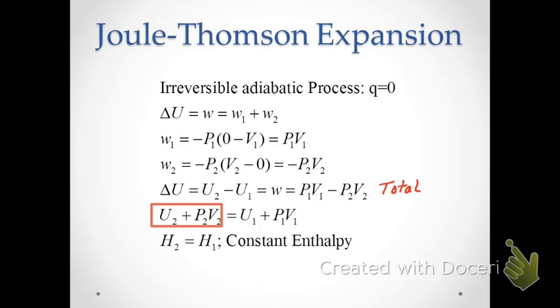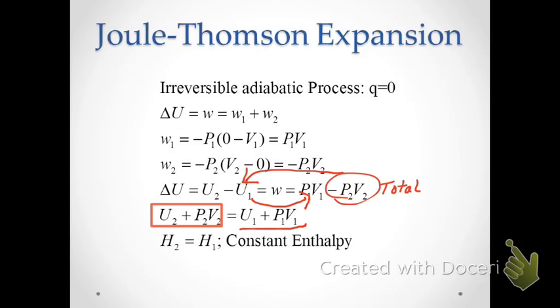Well, we can now rearrange this equation. We're going to take P2V2 and move it over to the left side of the equation, and take U1 and move it over to the right side of the equation. So we end up with U2 plus P2V2 is equal to U1 plus P1V1.